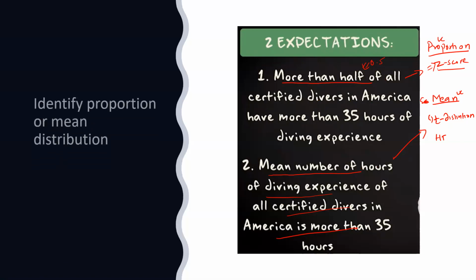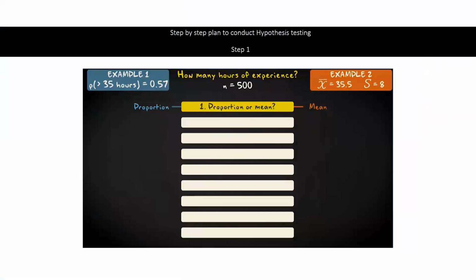So this is one of the ways we identify whether it's a proportion or a mean distribution. The step-by-step plan to conduct hypothesis testing would be: first, we need to determine whether it's a proportion or a mean. In the first example it was a proportion and the second example was a mean.